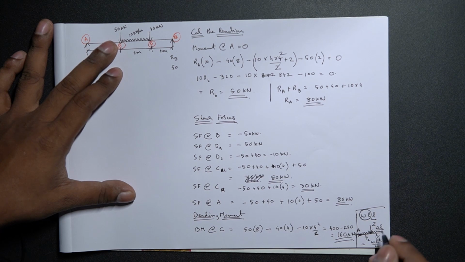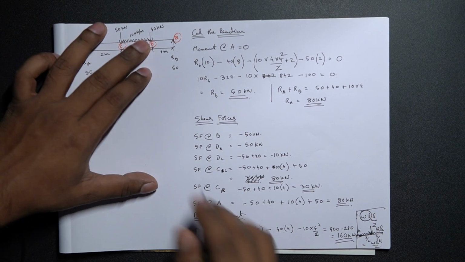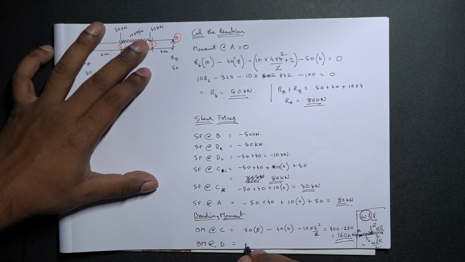So 160 kilonewton meter is the bending moment at C, and similarly bending moment at D should be equal to RB into 4. That's quite straightforward. So 50 into 4, that would be equal to 200 kilonewton meter.